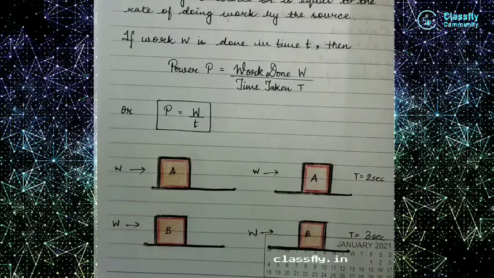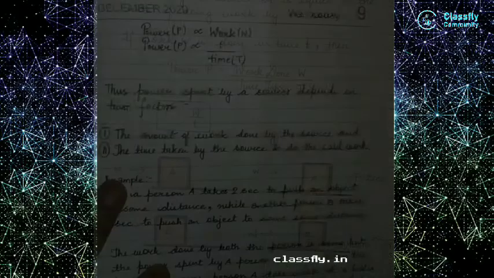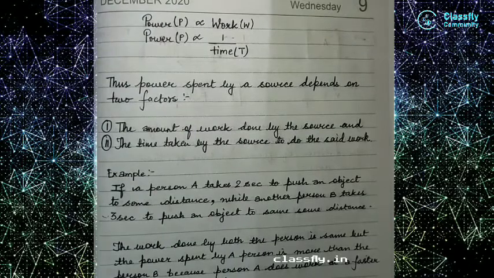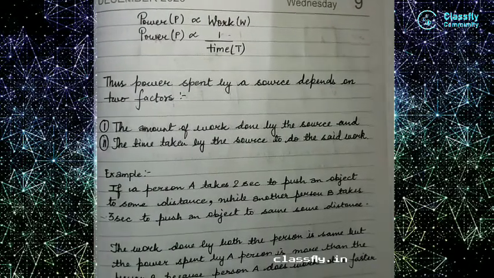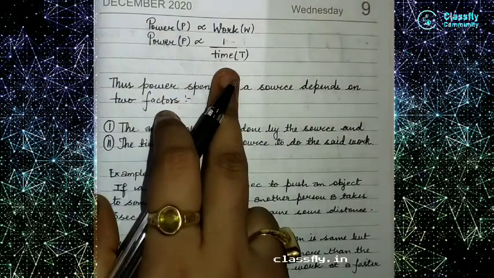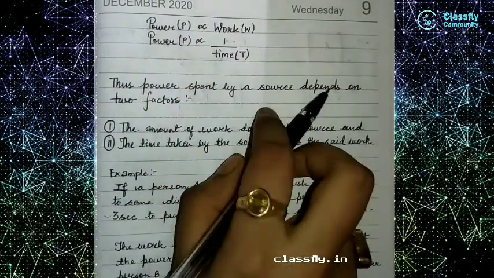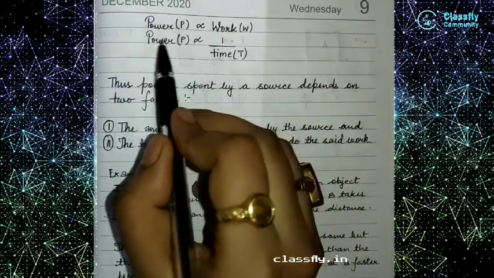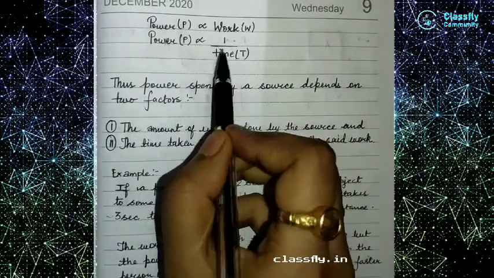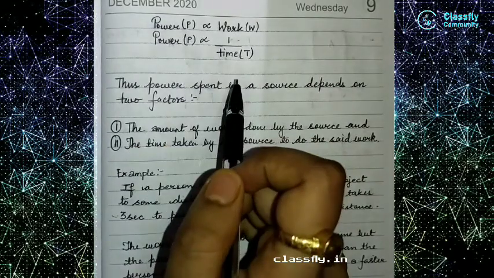From this we can understand that power is proportional to work done, but power is inversely proportional to time. That means if the time is less, the power applied is more. If the time is more, the power applied is less.